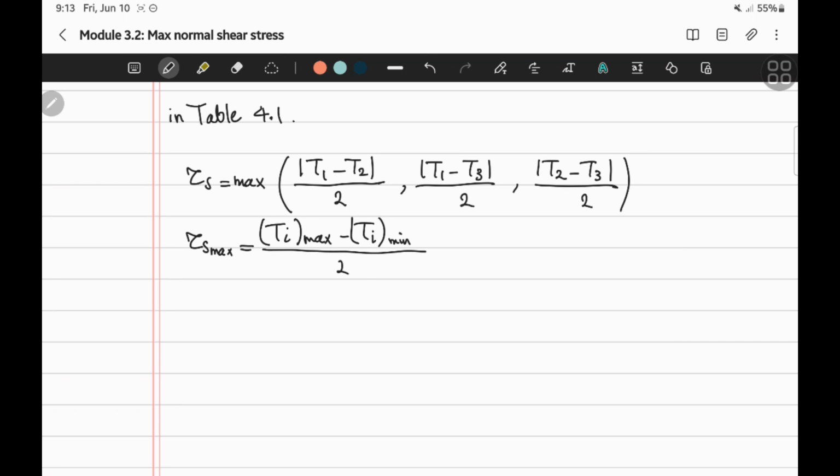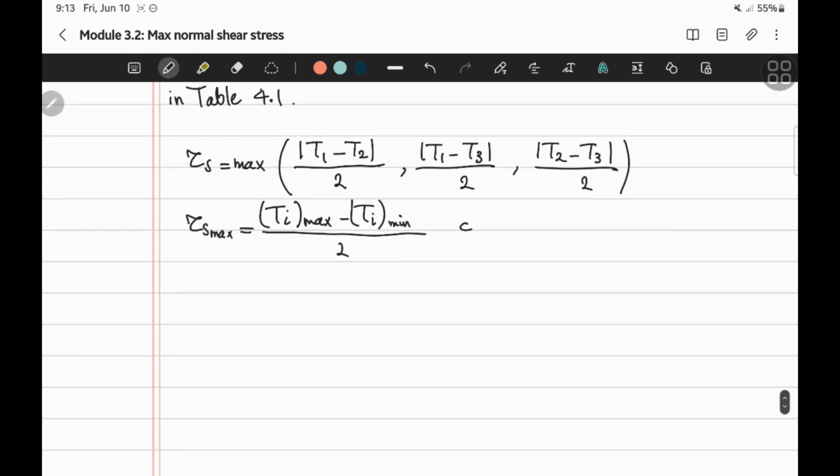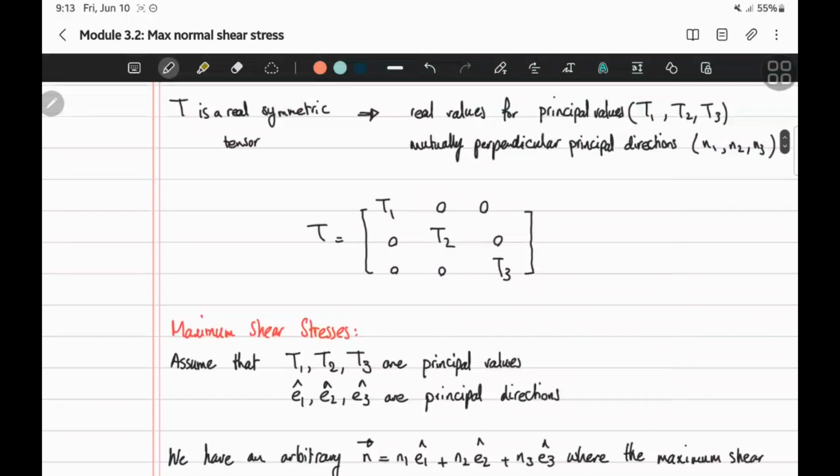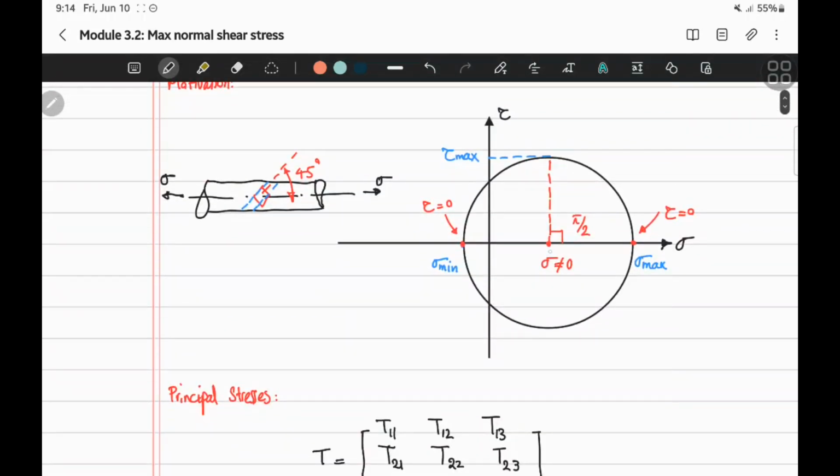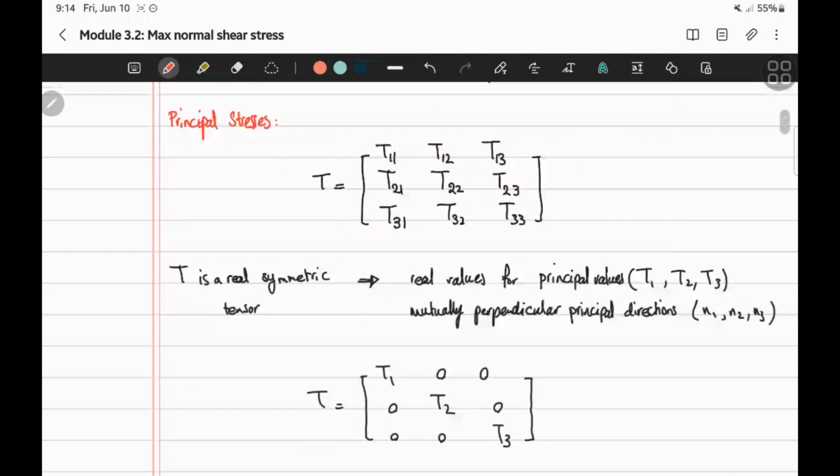And here, the corresponding normal stress is, of course, as I already mentioned, here in the Mohr circle. So here, this radius is basically sigma max plus sigma min divided by 2.